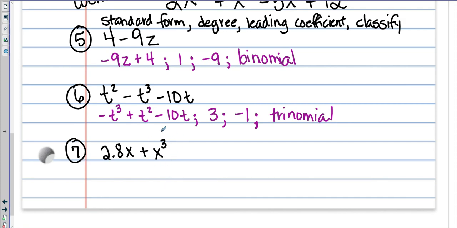So that means x to the 3rd goes first, plus 2.8x. There we go. Next, what's the degree? The degree is here in front, so it's a 3. What's our leading coefficient? Right here, it's invisible, 1. And then what is this called? Let's classify it. There's 2 terms, so it is a binomial. Very good. Okay, let's go to the next part.